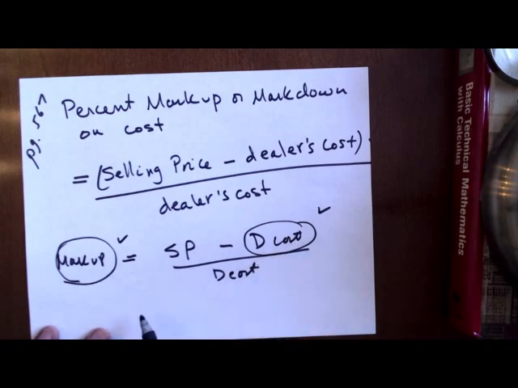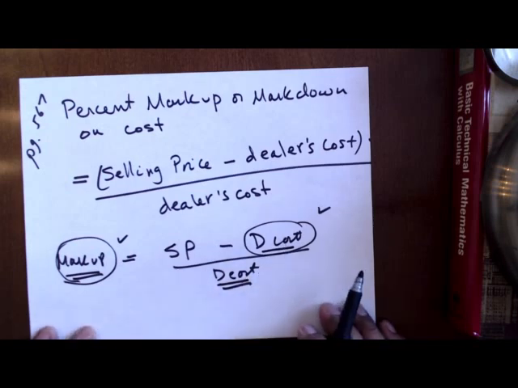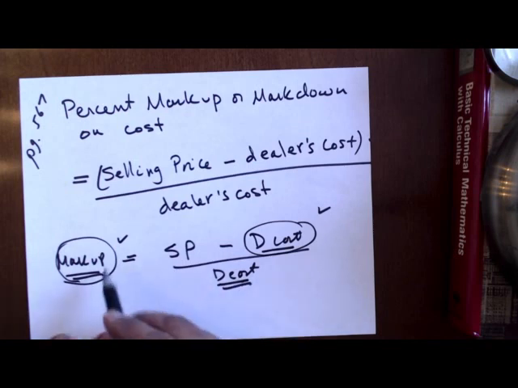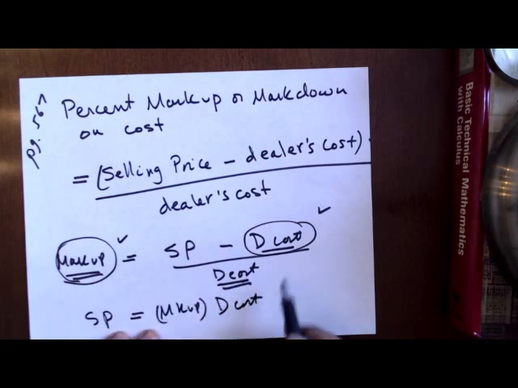So you know how to move around with the numbers, right? Because if they're giving you two values that are known, markup and dealer cost, you can plug in these numbers and then manipulate to find out what the selling price is. If we were to do this, the selling price will be equal to what? This will come to multiply, so markup times dealer cost, right?